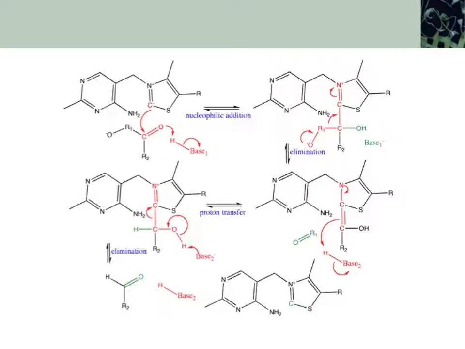Those electrons can go into the thiamine structure. The electrons in our thiamine can then come back down, pick up a hydrogen from an acid, and we can continue that process around to then kick it back out where we have our carbonyl compound and whatever our ejected molecule was.